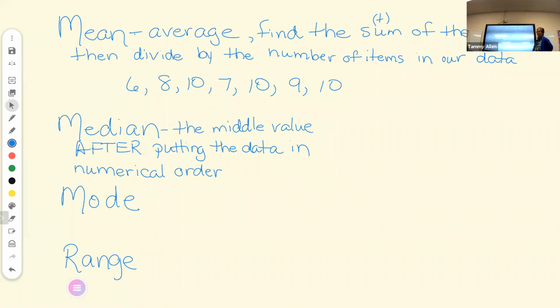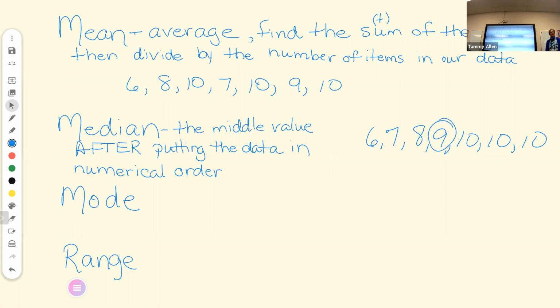So we're using that same data. The smallest number is 6, 7, 8, 9, 10, 10, and 10. Well, what is in the middle? 9. Yes. So the median would be 9.